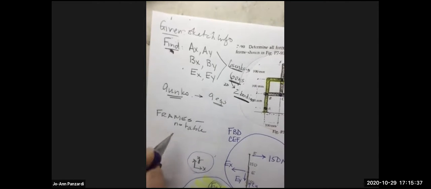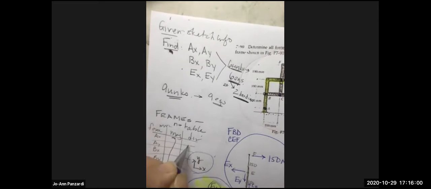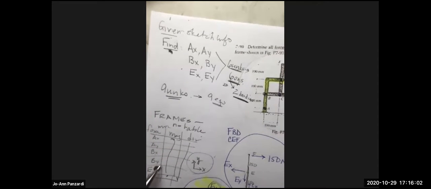If you want, since we're kind of used to drawing tables, we could just draw a table for all the unknowns in the body that we're looking at. And then we don't know any of the magnitudes, but we know all the directions. So how about we do that? We draw a table, but we only draw it for the unknowns that they're asking us for. How does that sound to everybody?